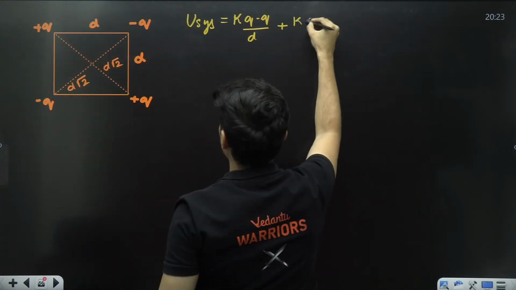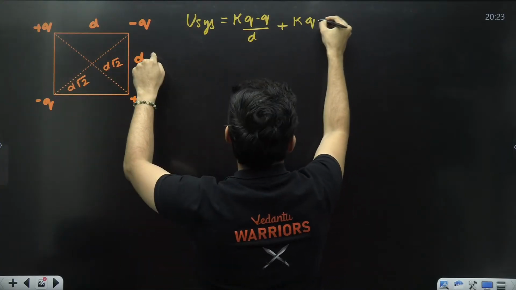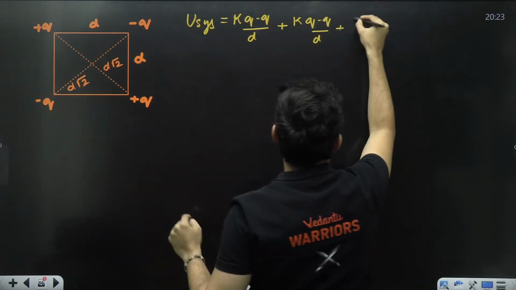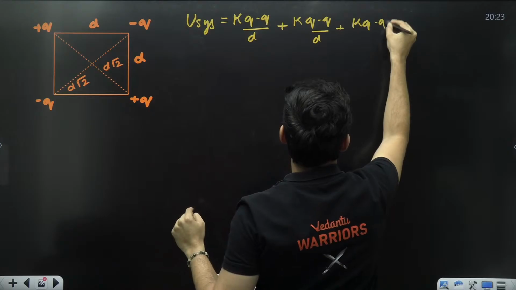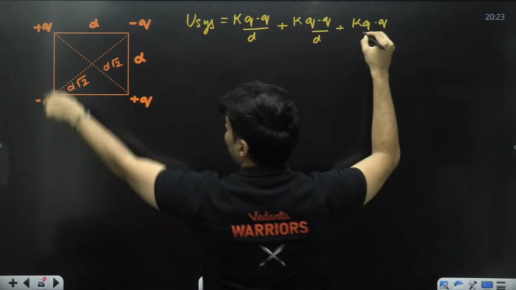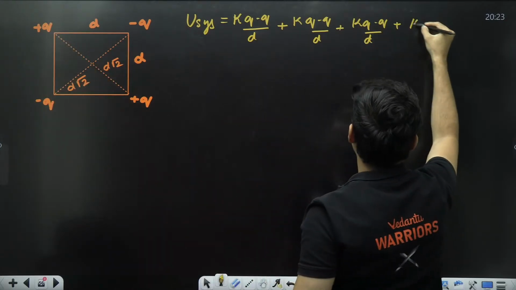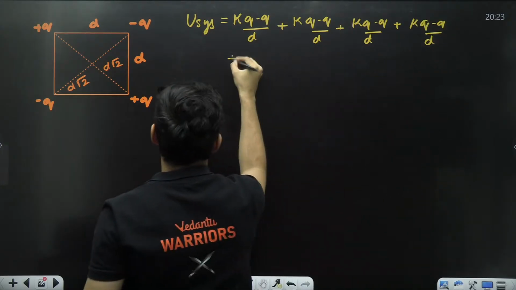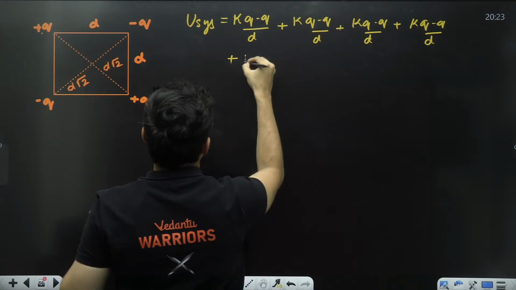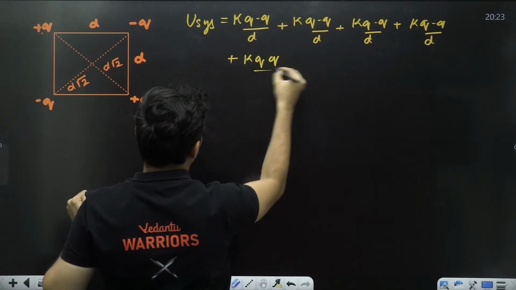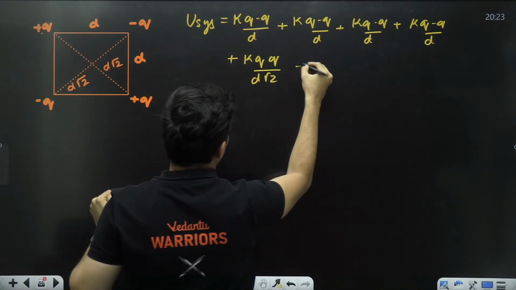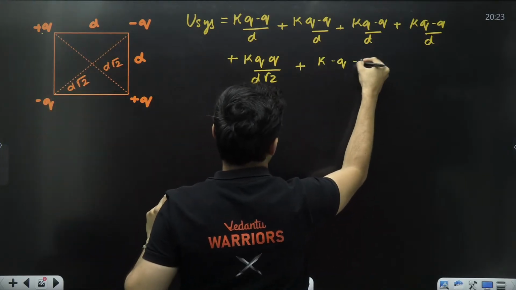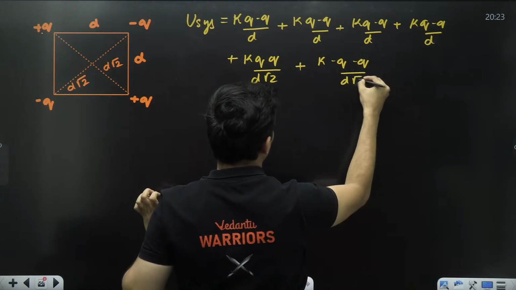So K, Q with minus Q divided by D, plus this guy with this guy, K, Q, minus Q divided by D, and this guy with this guy. So K, Q, minus Q divided by D, plus this with this, K, Q, Q divided by D root 2, plus this with this, K, minus Q, minus Q divided by D root 2.